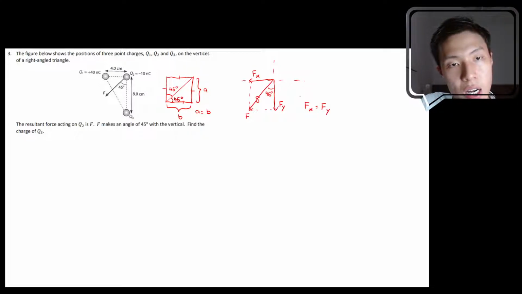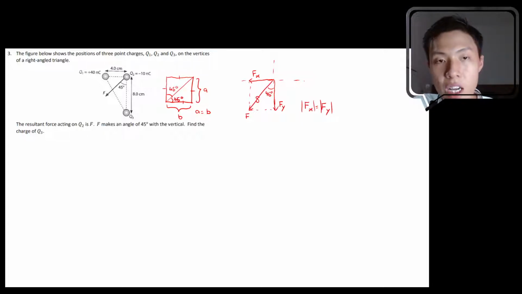I'm talking about the absolute value, so I'm not caring about the sign over here. Knowing that will be very important because it will allow us to determine the force exerted by Q3 on Q2. Then from there, we are able to determine Q3.